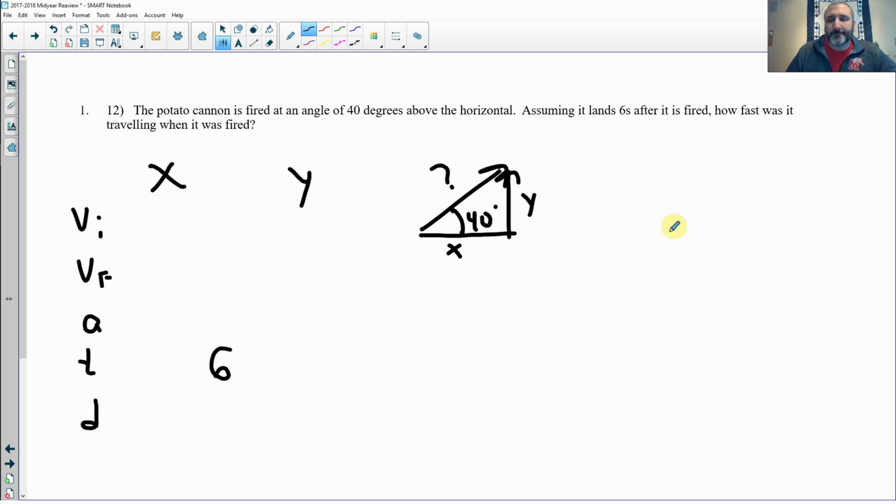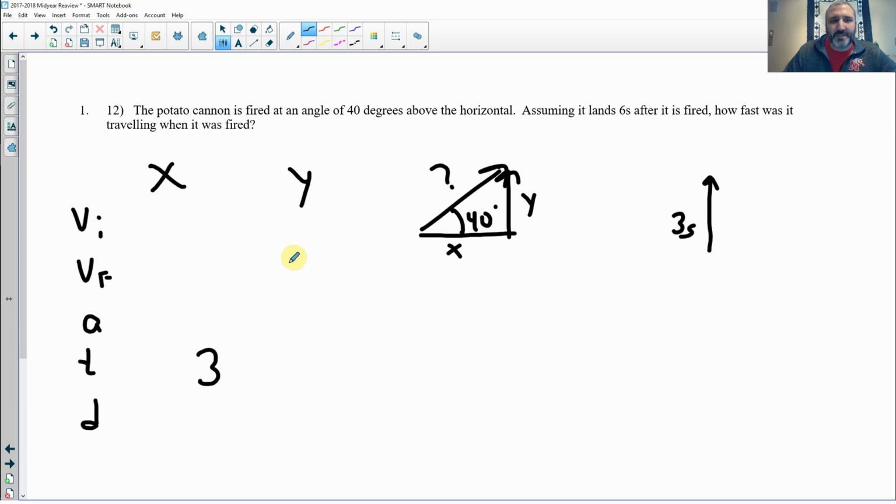And I'll tell you why. I know the displacement after 6 seconds in the y dimension is 0, and there's nothing in here to tell me how far it went in those 6 seconds. But I do know that after 3 seconds, it completed half of its journey, which is to say, I know it took 3 seconds to go up. And I hope that makes sense.